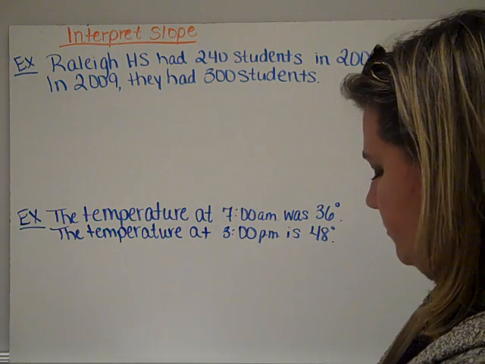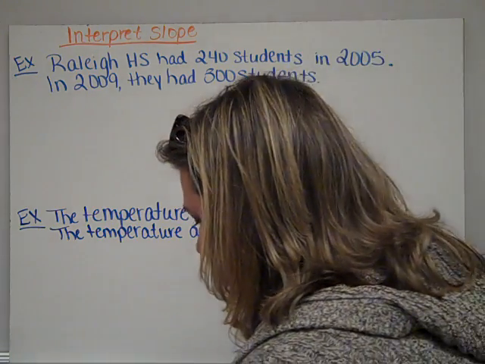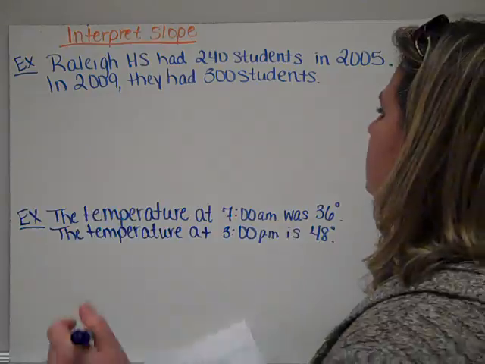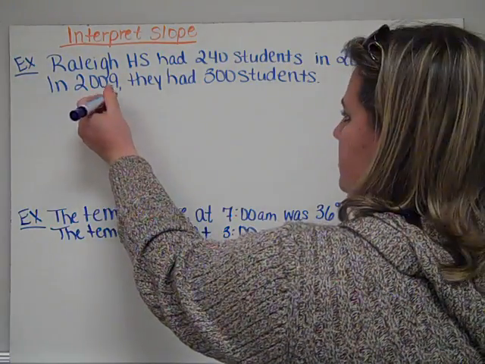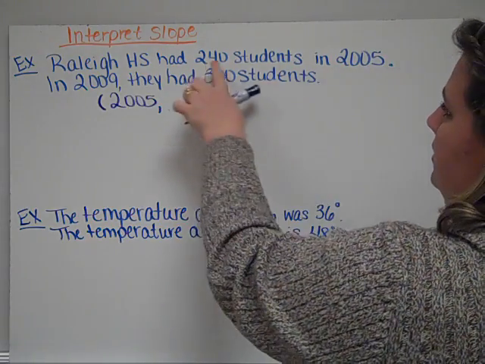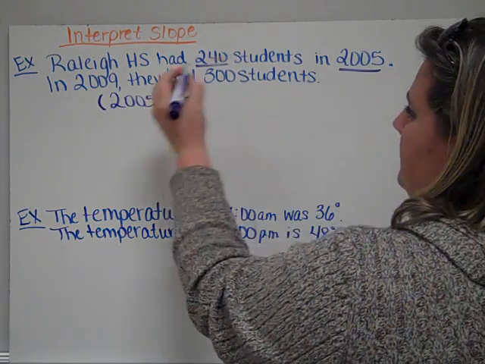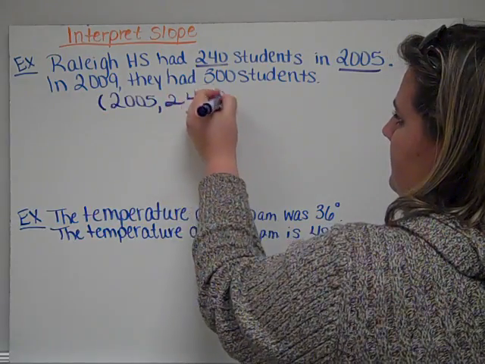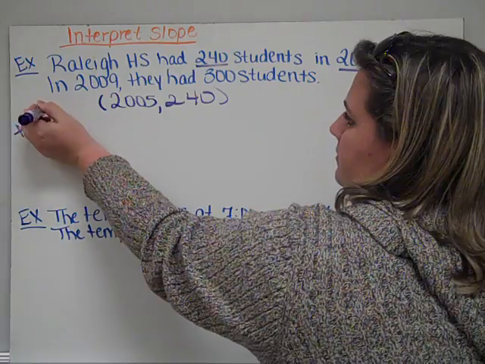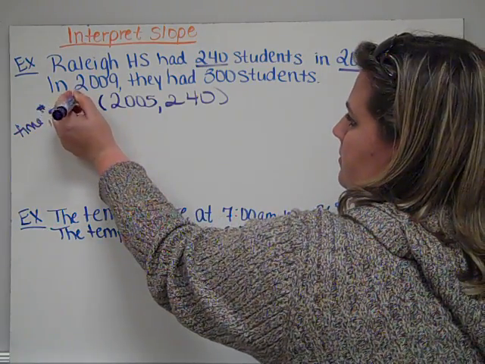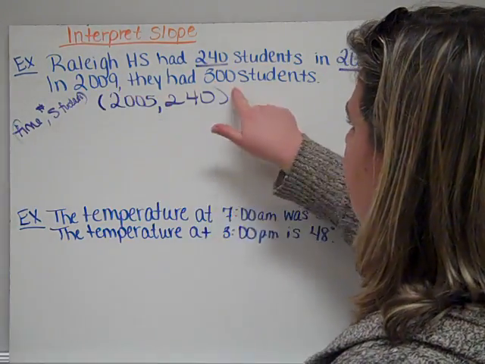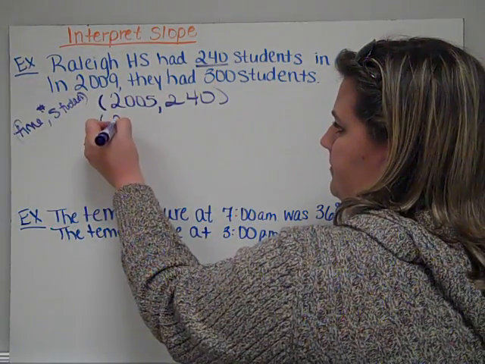So here, when I see that ordered pair, I can see in 2005, I had 240. So you notice I'm setting it up with time, comma, number of students. So that's my x and my y. So then I have in 2009, I have 300 students.